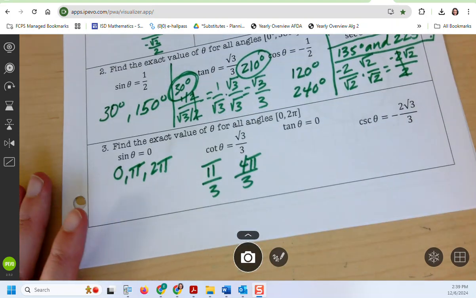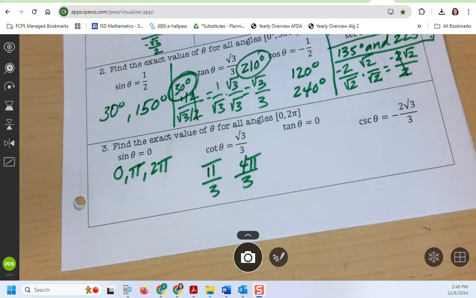All right, take a minute to find out where the tangent is 0. Tangent, remember, is y over x. Where's the tangent 0? Tangent is y over x, so where will the tangent be 0 on your circle?